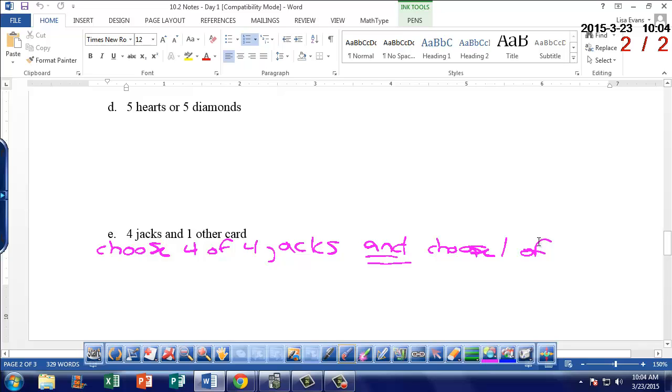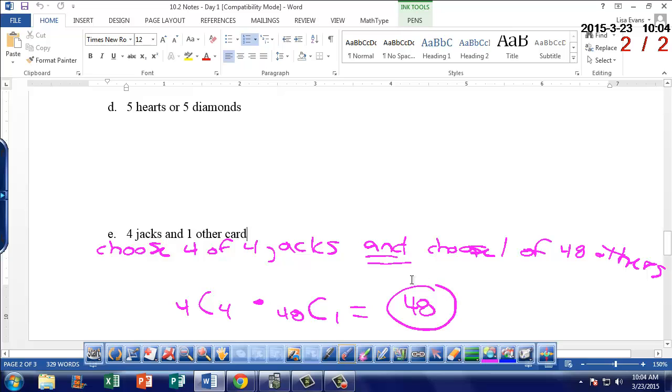We'll take 52 and subtract 4. You're left with 48 others. So we're choosing 4 of 4, and we're choosing 1 of 48. Go ahead and do that math, and you get 48 possibilities.